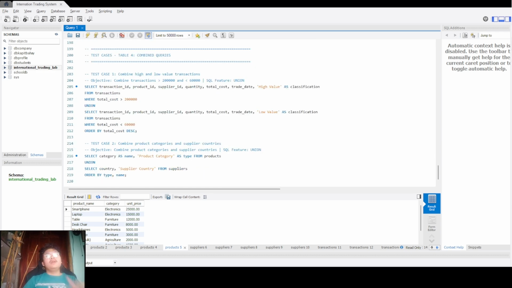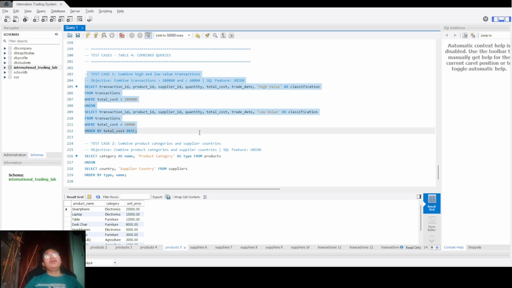Now I will show you the test cases table for combined queries. So test case 1 is combine high value and low value transactions. This query has two select statements joined by UNION. The first select gets expensive transactions more than 200,000, and the second gets cheap transactions less than 60,000.